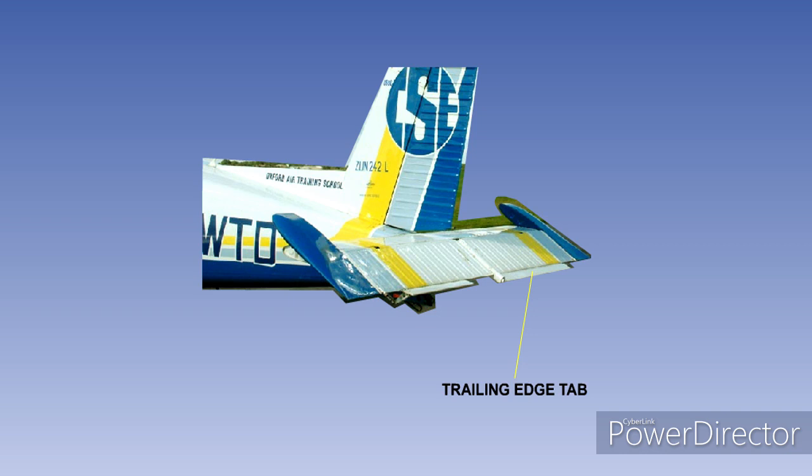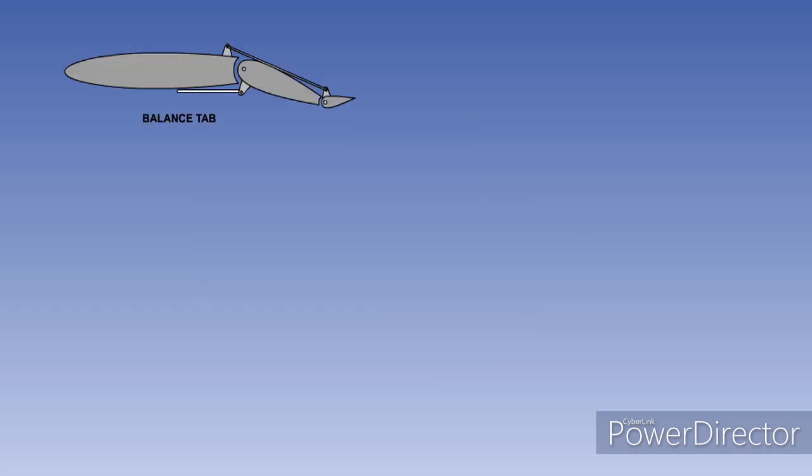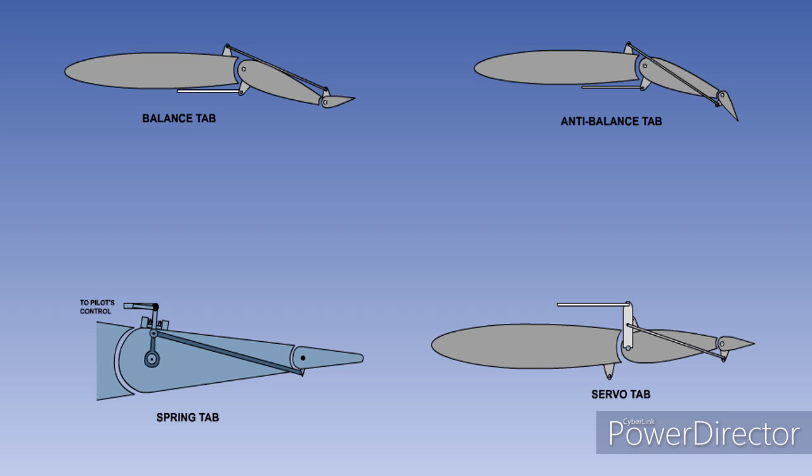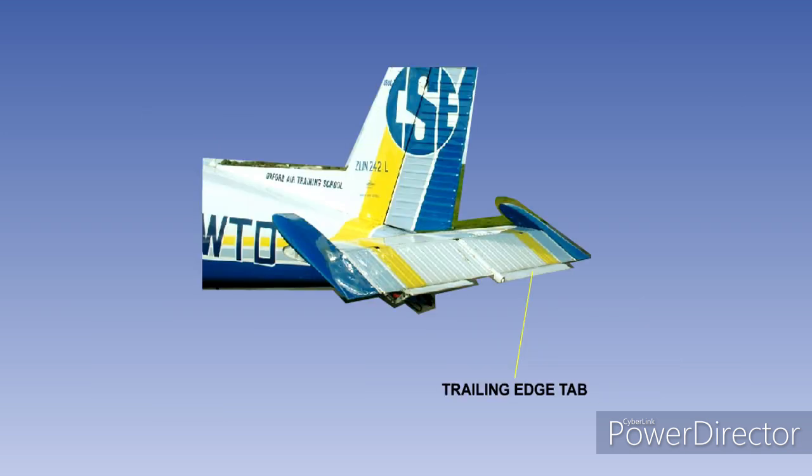They are the balance tab, the anti-balance tab, the spring tab, and the servo tab. These tabs are small aerofoil sections hinged at the trailing edge of the flying control surface. Their actual size will vary from aircraft to aircraft. We will now take a look at each of these tabs in greater detail.